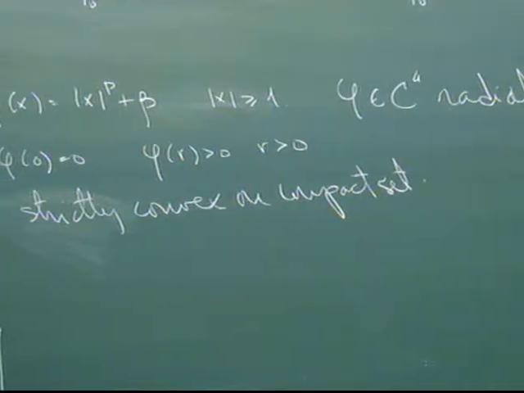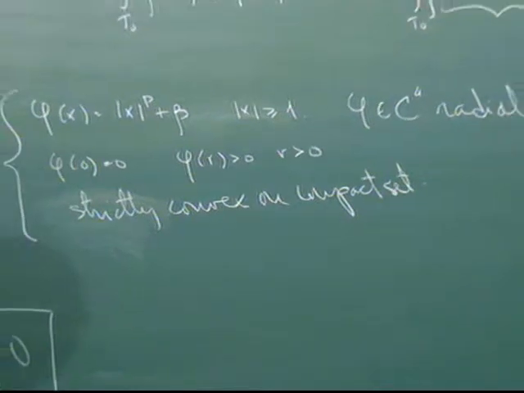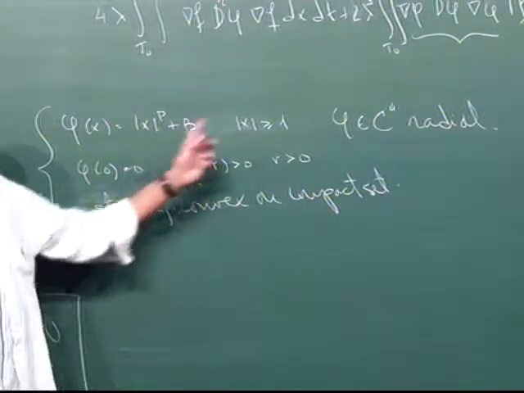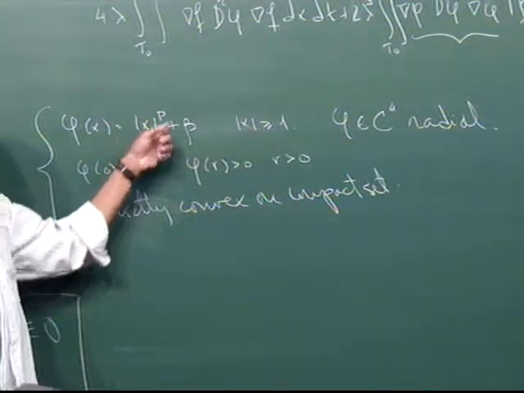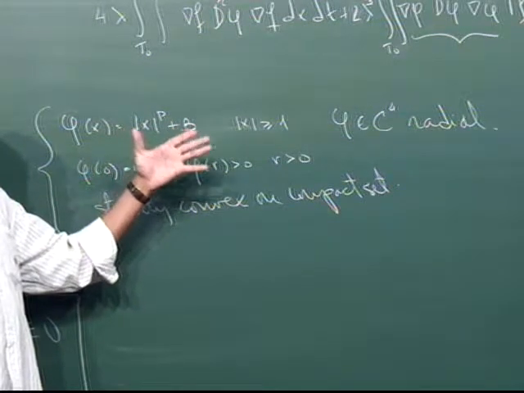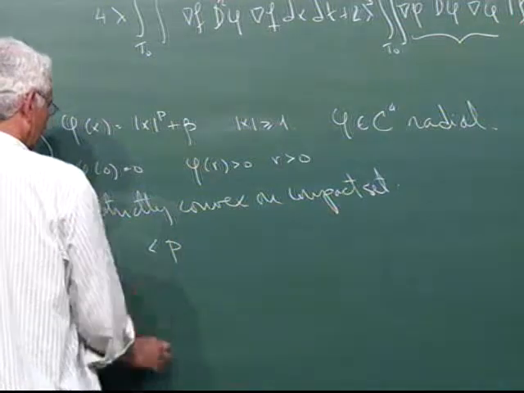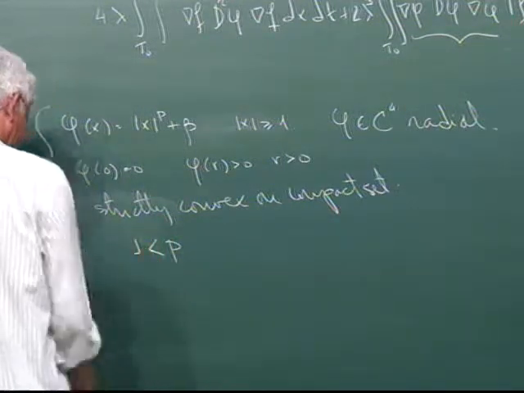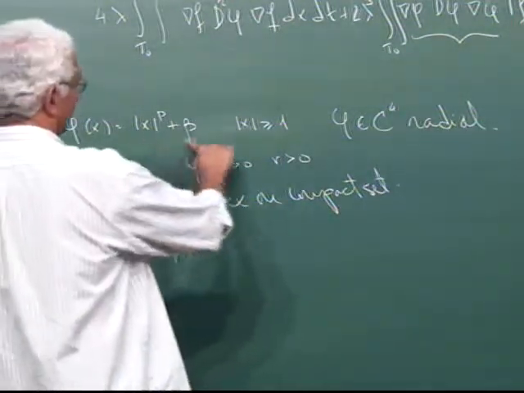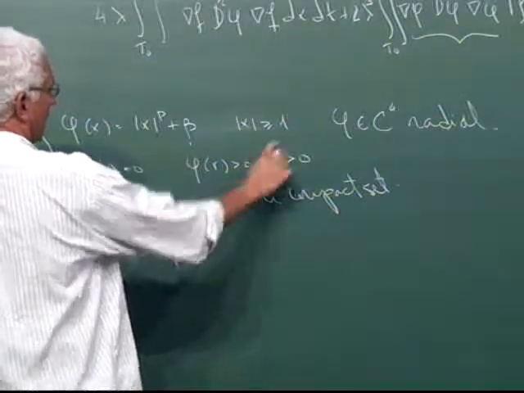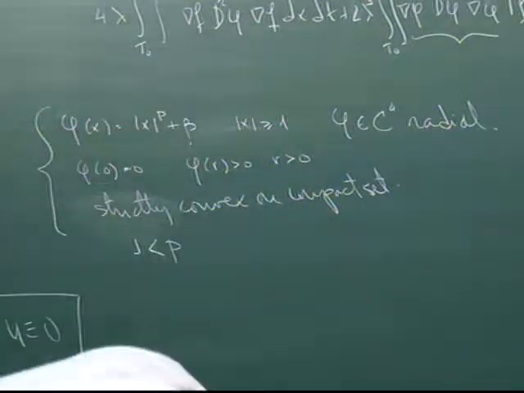You assume that you have this. Of course, at the moment that you write this, p is not 1. This is a proof for p more than 1, because you cannot say that you are flat and you are strictly convex.